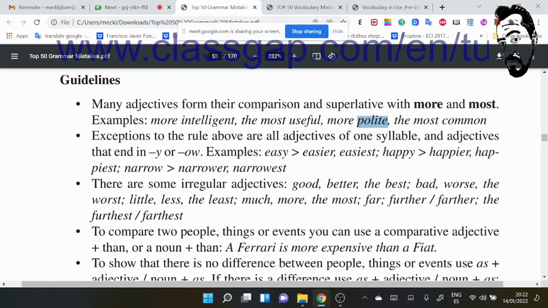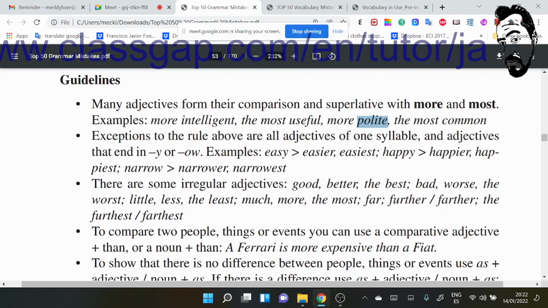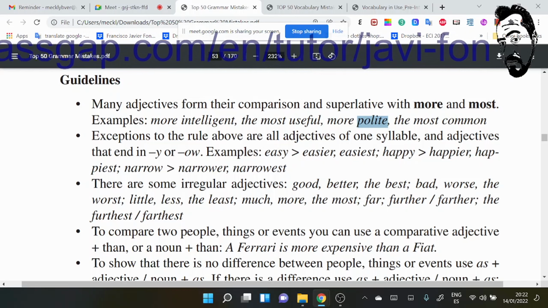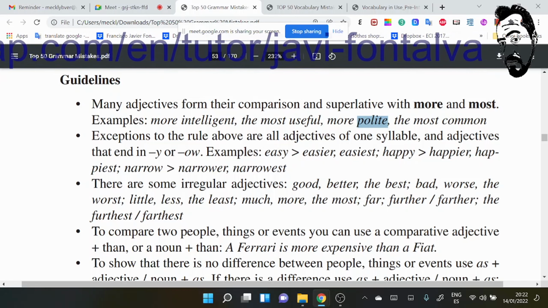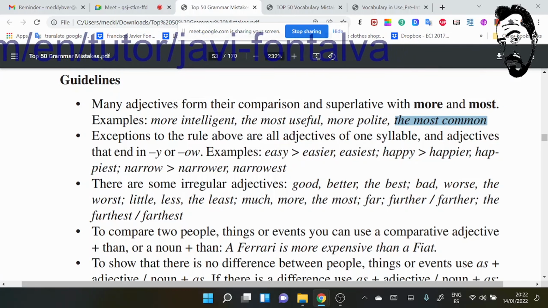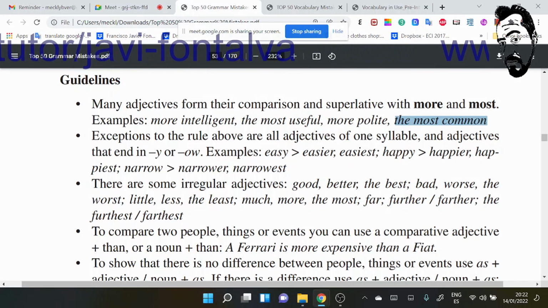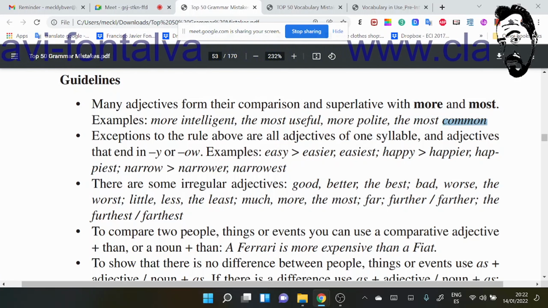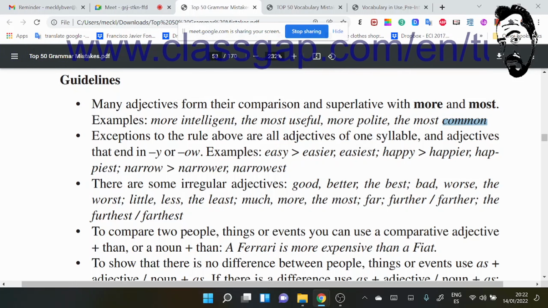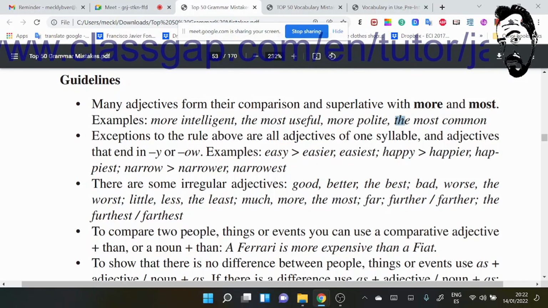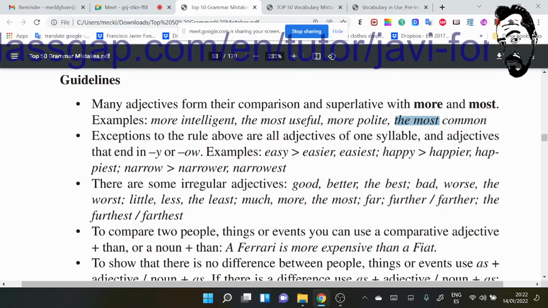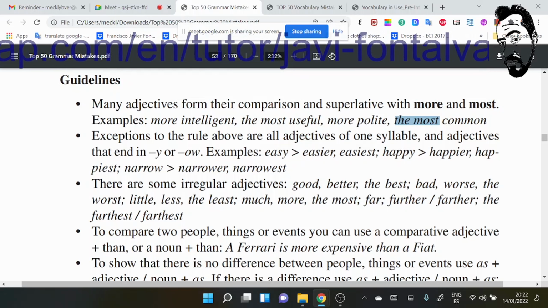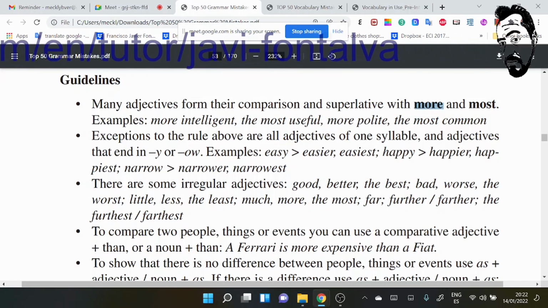Educado. The most common. Here I mean number one, number one in this quality. So more is comparative and most is number one. And notice we always say the most, and never the more.